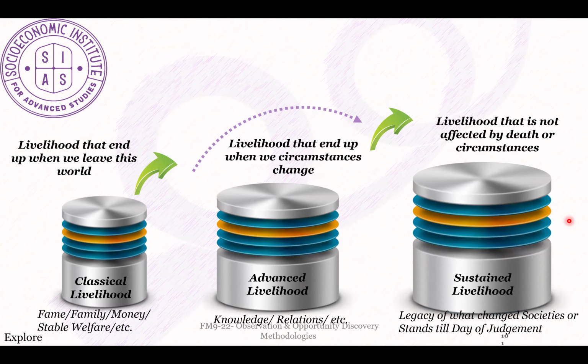And there is what we call the advanced livelihood, where we utilize your knowledge, your relationships, your social assets, and this livelihood can create a major change in your community. And then there is the sustained livelihood, which is the legacy that changes society or stands until the day of judgment. This livelihood is not affected by death or circumstances, so it will sustain even after your death.